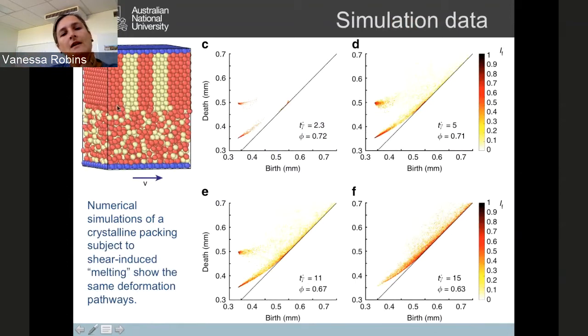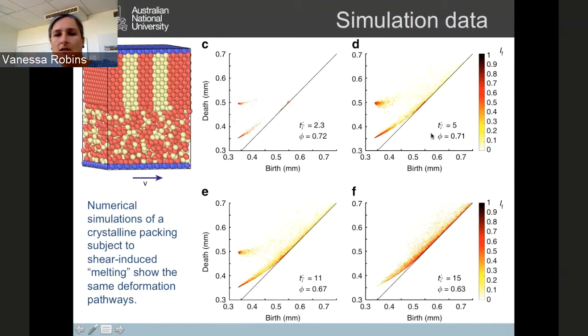So if we start with a perfect crystalline packing of beads and we imagine shearing that packing from the bottom, so we're moving that bottom plane and simulating the forces that move all those other beads around, then we track the persistence diagrams according to how long we've been subjecting the packing to shear.